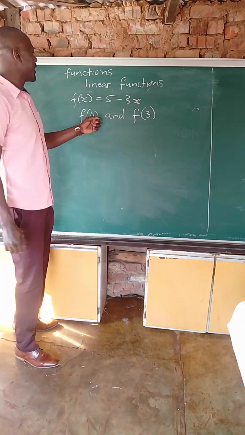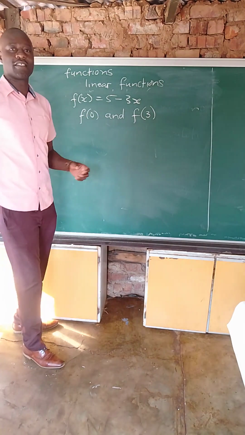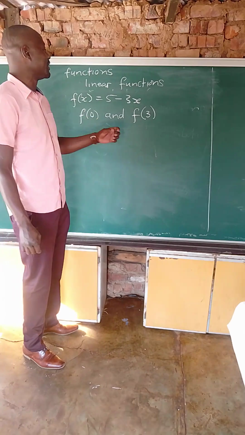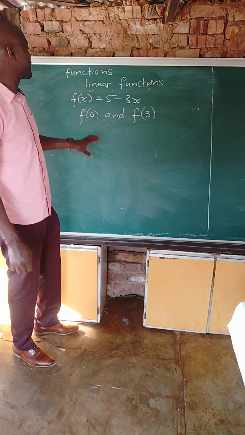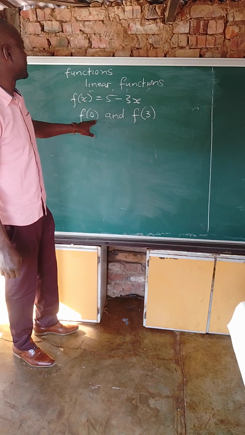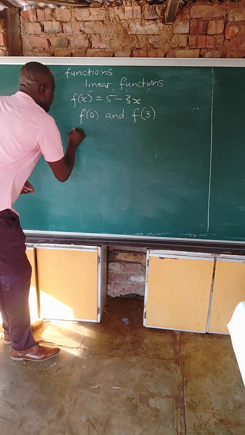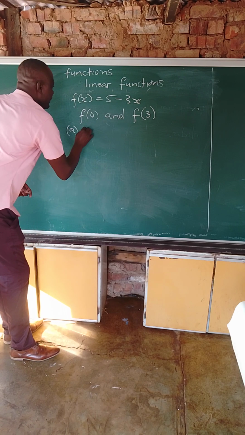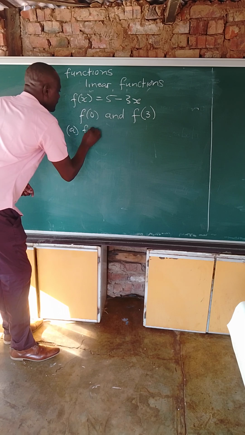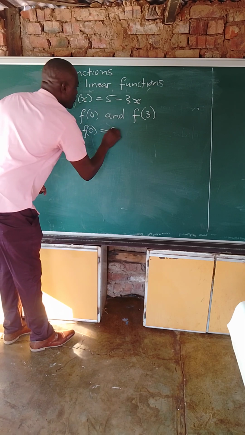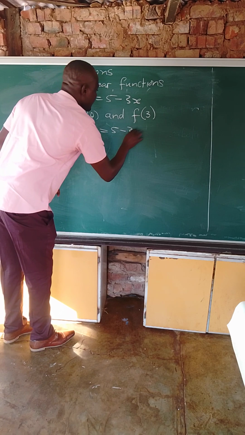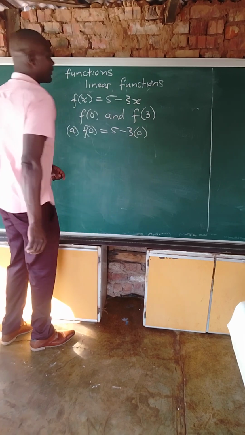When we are given a situation like this, the only thing you need to do is to substitute. Like here, f of 0, they are substituting for x here. So what do we do? It's f of 0 is equal to 5 minus 3 times 0.